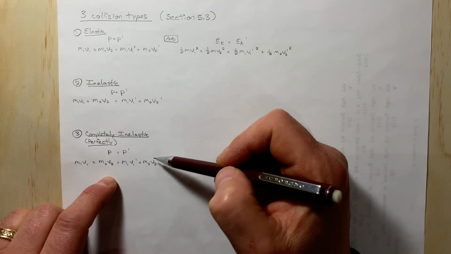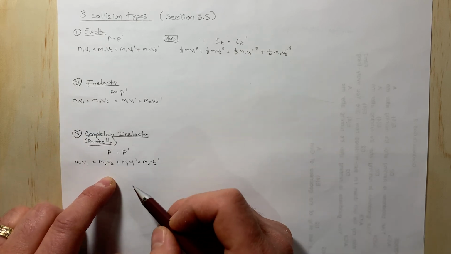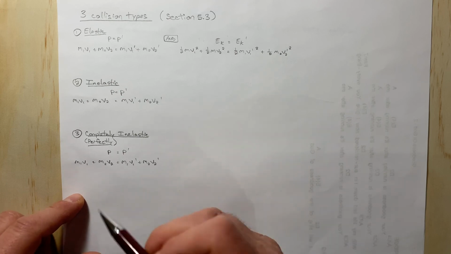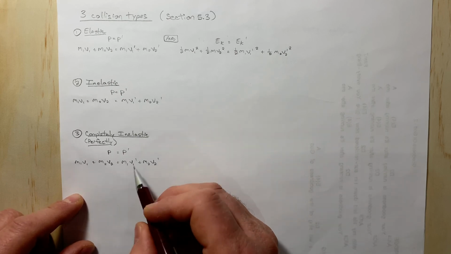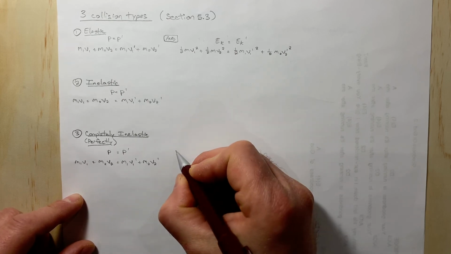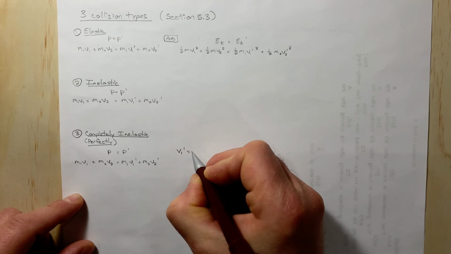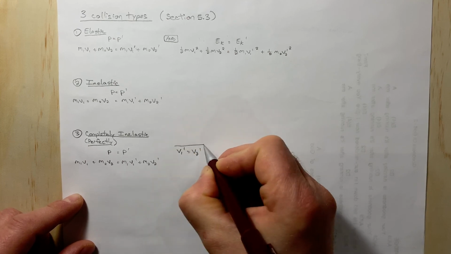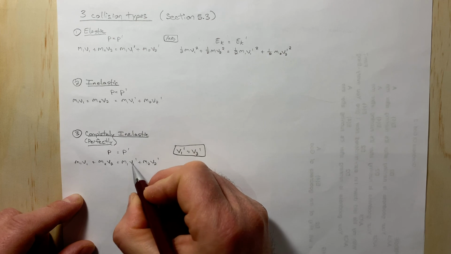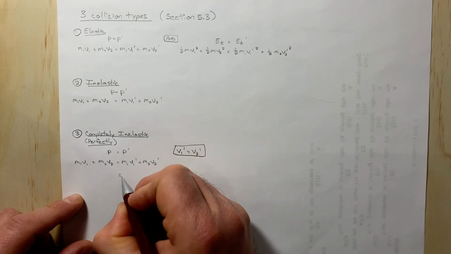So completely inelastic is if the two objects hit, they collide with each other and then they stick together and move off as one object. If they move off as one object, as we saw in the note, v1 primed equals v2 primed. If that's true, those two things are the same. We can factor that out.